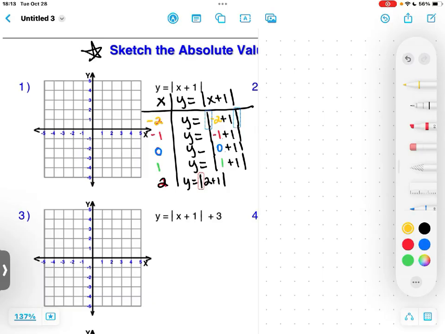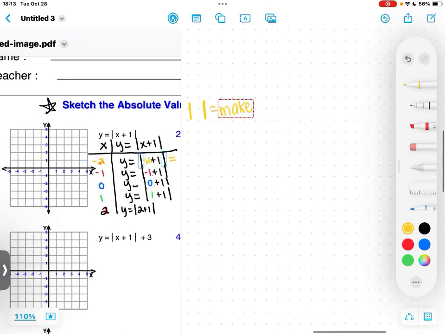If I have an x value being a -2, what this allows me to say, first of all, the absolute value: if you have the absolute value symbol, you are going to make the value positive. Notice it's not opposite. Notice it's not negative.